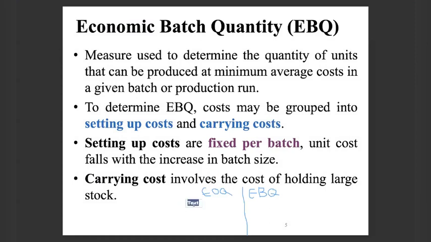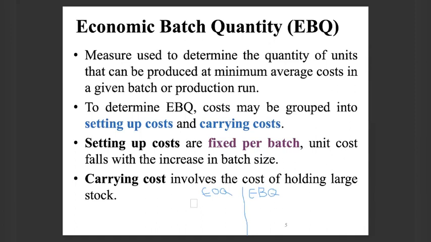What are the differences? In EOQ, what did we do? In EOQ, we used to calculate the optimum size, right? Economic order quantity is used to calculate the optimum size when goods, parts, or finished goods have to be delivered by an external supplier. Right, so let's write this.